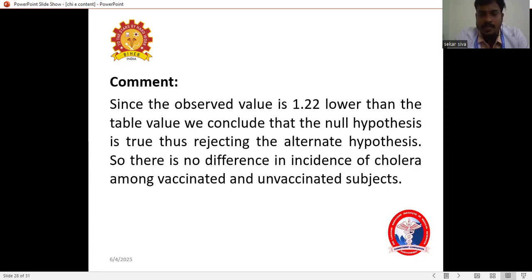Then, based on the calculated chi-square value and the table value, we make an interpretation about the given scenario. If the calculated value is more than the table value, the null hypothesis is rejected. If the calculated value is less than the table value, the null hypothesis is accepted.